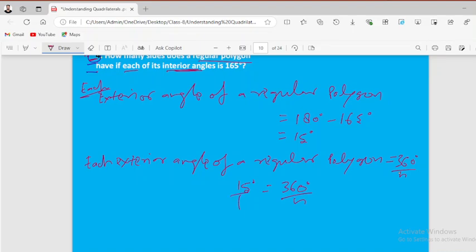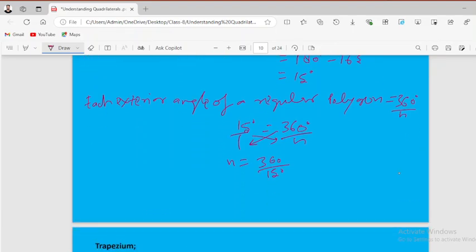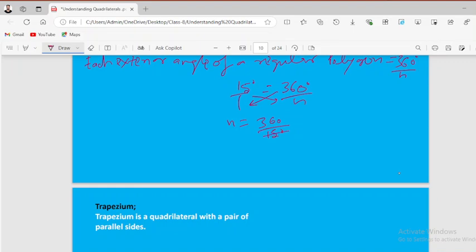By cross multiplication, n is equal to 360 degrees upon 15 degrees. Now we should reduce this and convert it into standard form. So the number of sides will be 24.